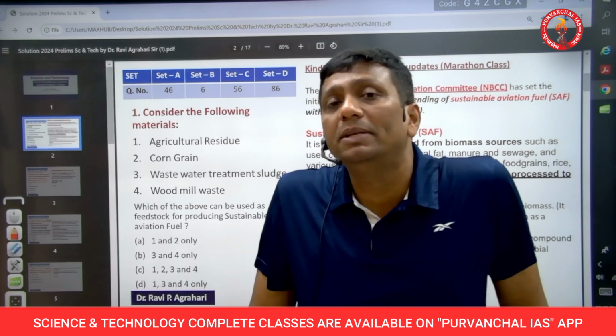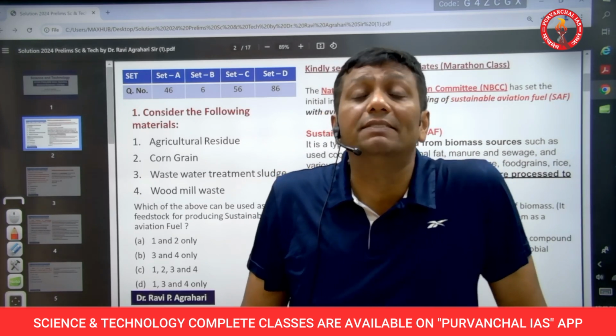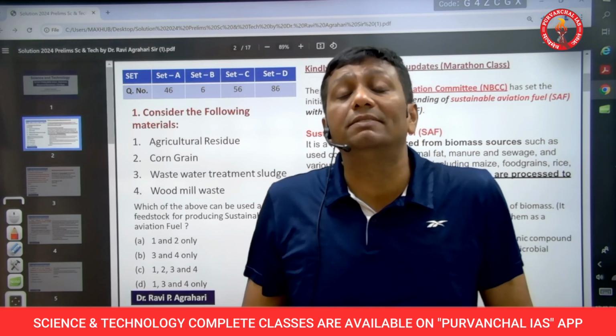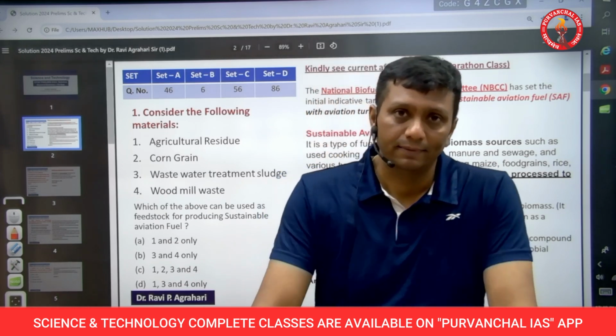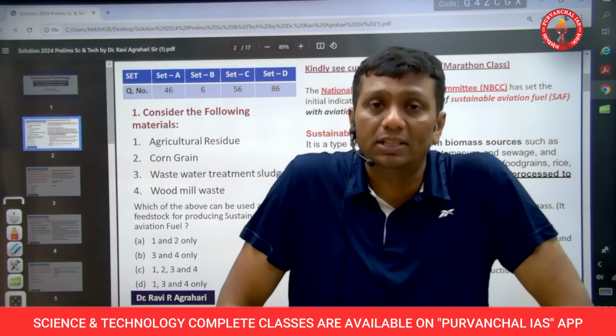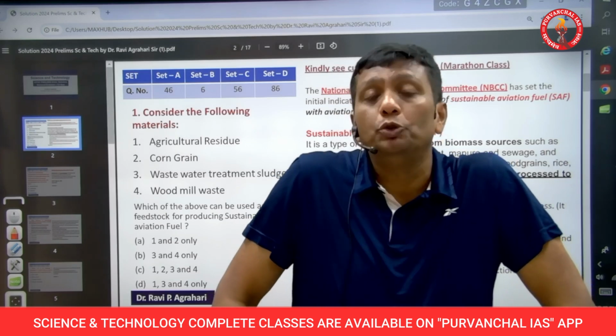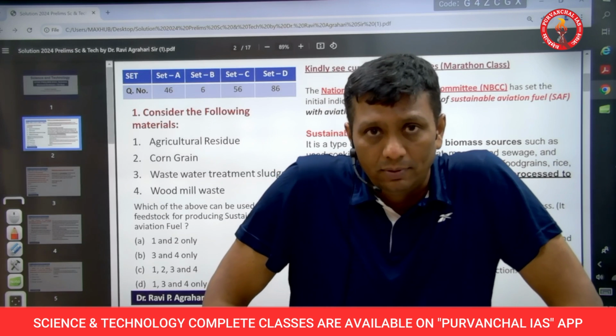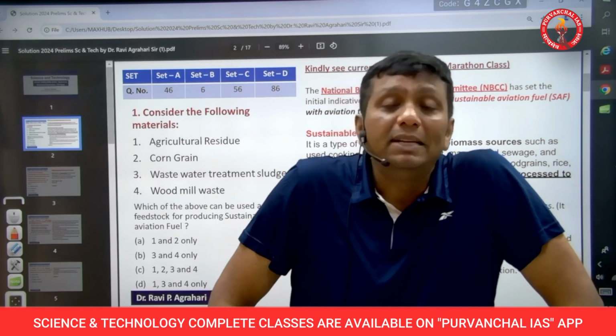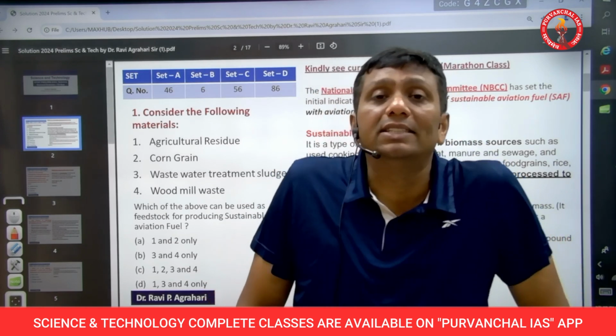Synthetic aviation fuel means it is synthesized in an artificial procedure with the help of artificial means. It is not a natural fossil fuel like petrol and diesel. And the source of this fuel is biomass, guys. UPSC asked which kind of biomass can be used as a raw material for the fuel that we mix with aviation fuel.